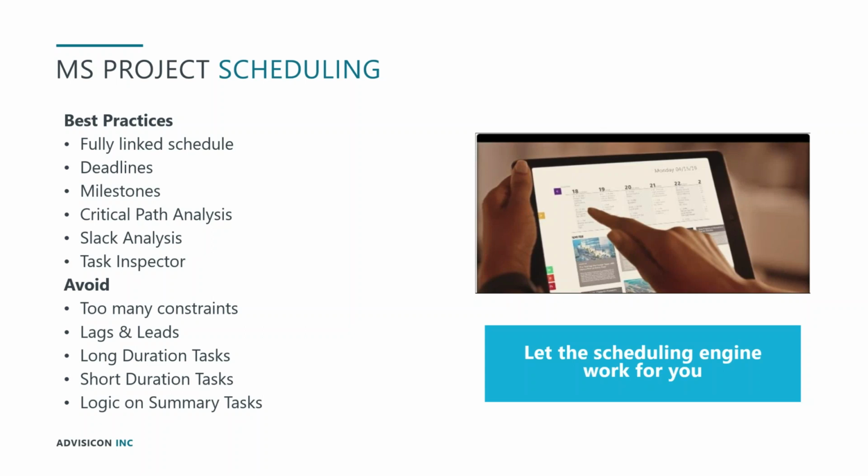Conversely, short duration tasks. If you've got a task that maybe represents a sign-off meeting, and you set that to the 1 hour session that you've got booked on somebody's calendar, you will find that you are probably making your project schedule harder to read, because Project will maintain not only the date that a task is scheduled to start, but also the time that the task is scheduled to start.